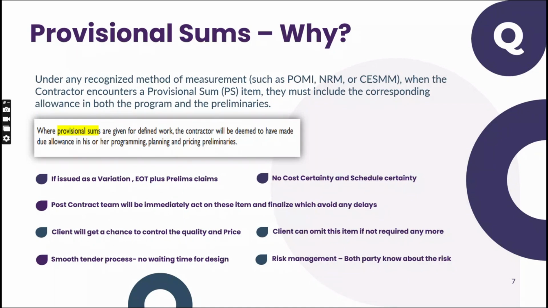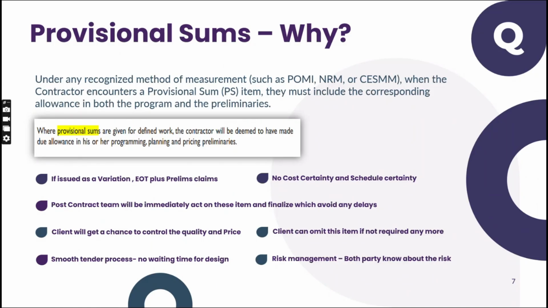You have to price them in prelims because in the post contract stage you will not get a chance to price those items. Similarly, you have to make your program in such a way that you will be executing that work also within the time of completion.